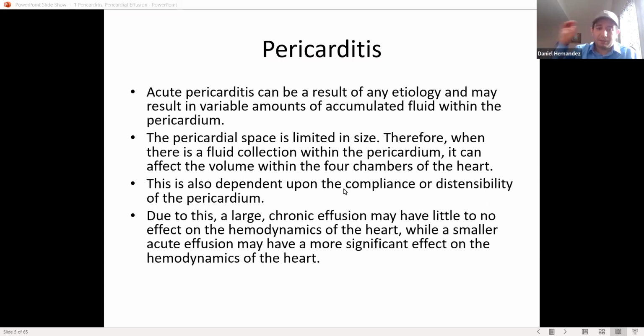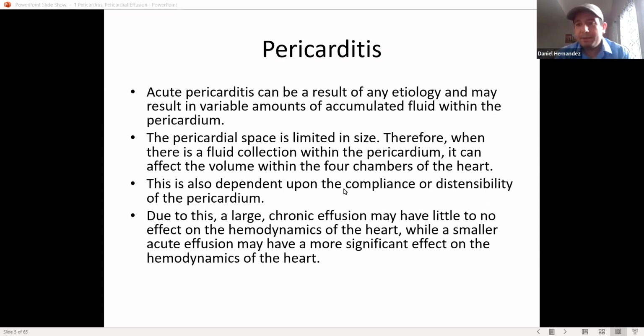Due to this, a large chronic effusion may have little or no effect on the hemodynamics of the heart, while a smaller acute effusion may have a more significant effect on the hemodynamics of the heart.